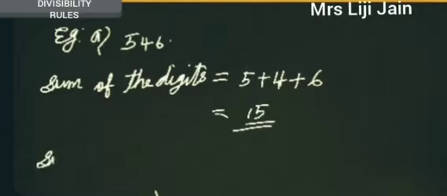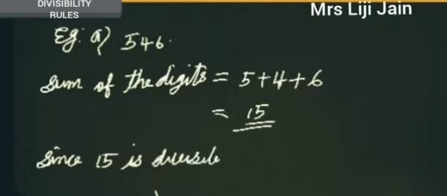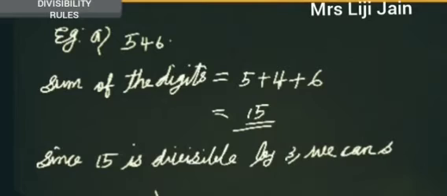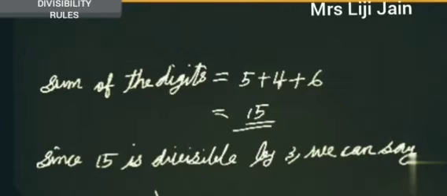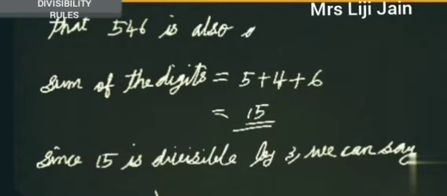Understood? To write down: since 15 is divisible by 3, we can say that 546 is also divisible by 3.